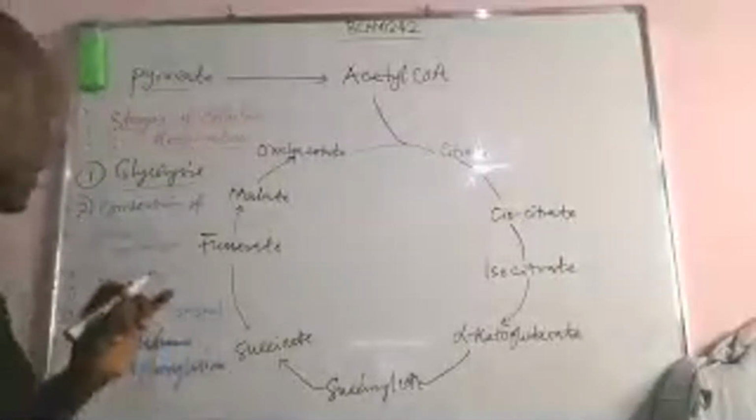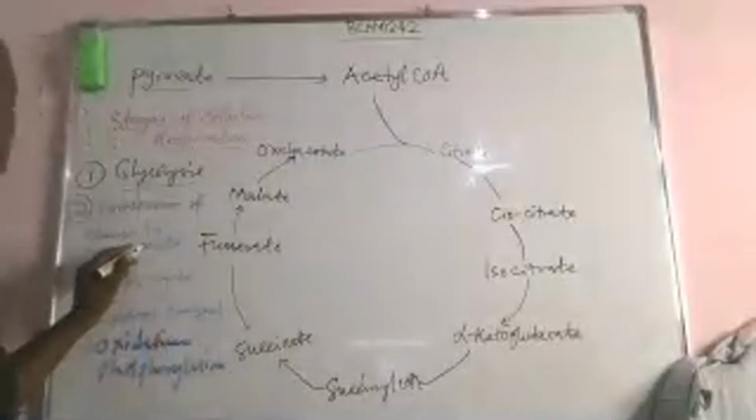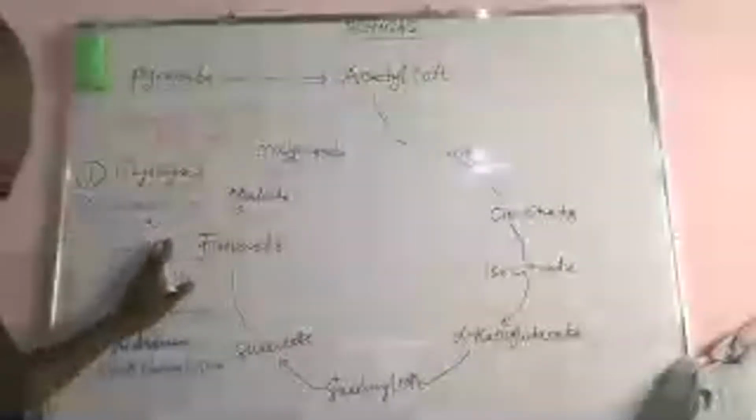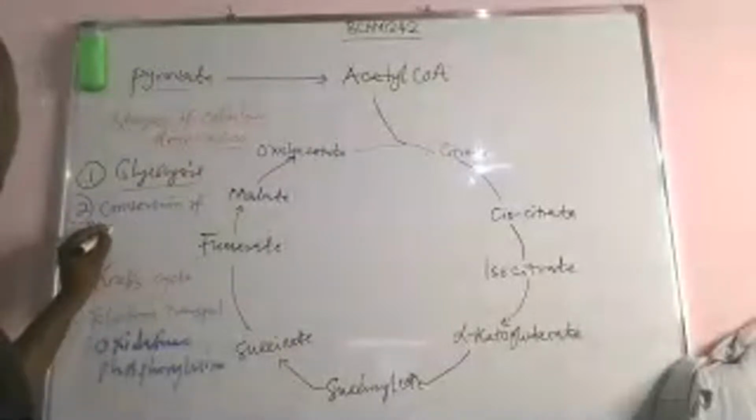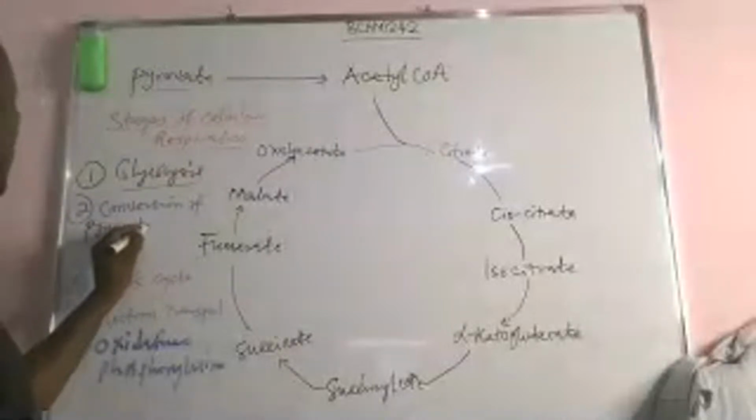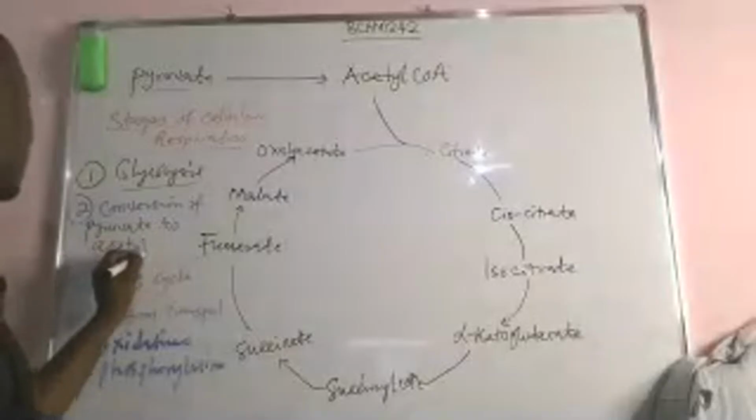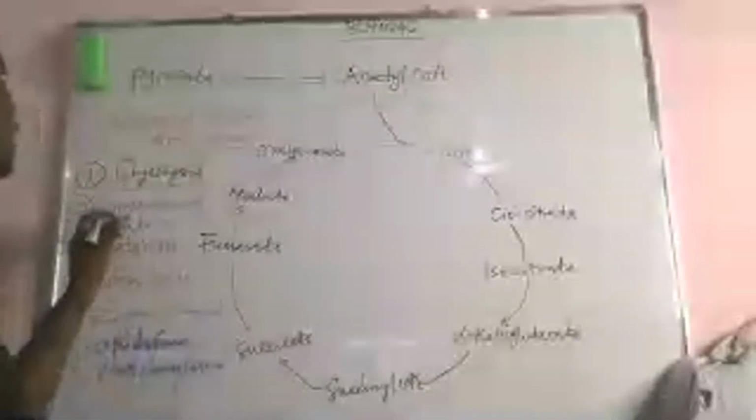As I said, we have 4 stages of cellular respiration. Today we are going to look at the conversion of pyruvate to acetyl-CoA. That is the second step.